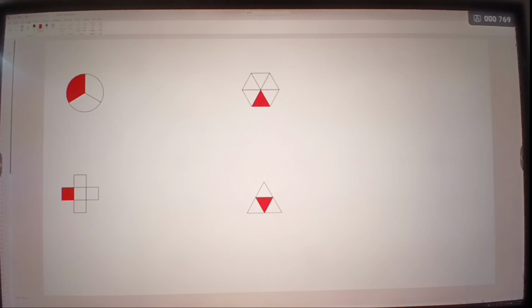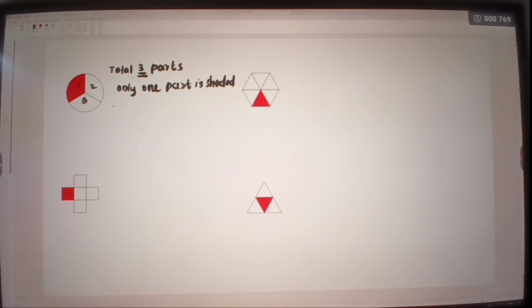Now look at these shapes. You want to write the fraction for the shaded region. I will do the first question for you, and the remaining questions you can do on your own. So 1, 2, 3: total three parts. Out of these three parts, only one part is shaded.